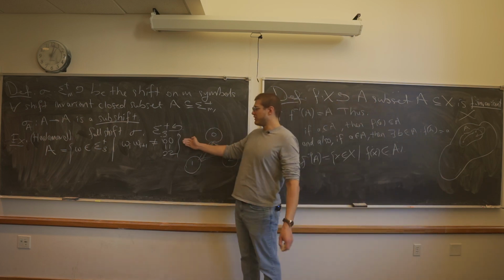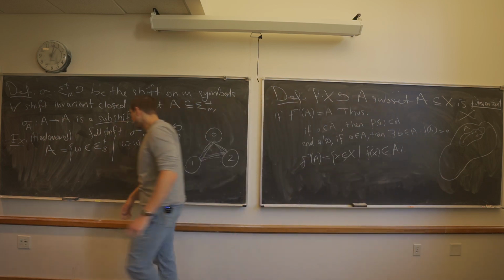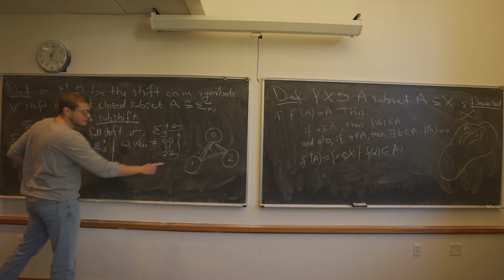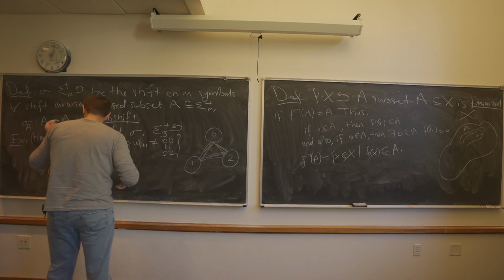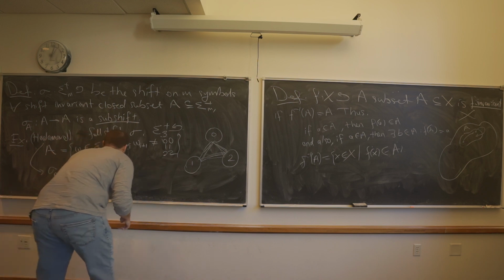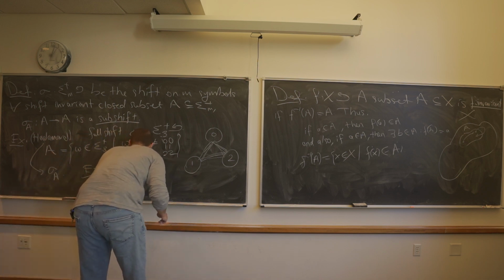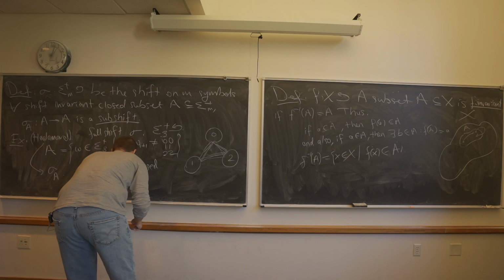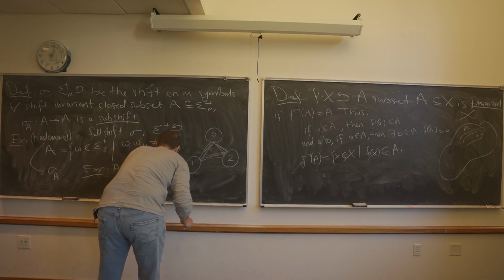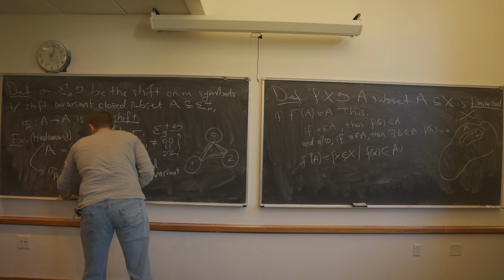So that's one way of coding this, so that this becomes sigma sub A. Let me leave it as an exercise to show that this is indeed a closed, shift invariant subset. Okay.